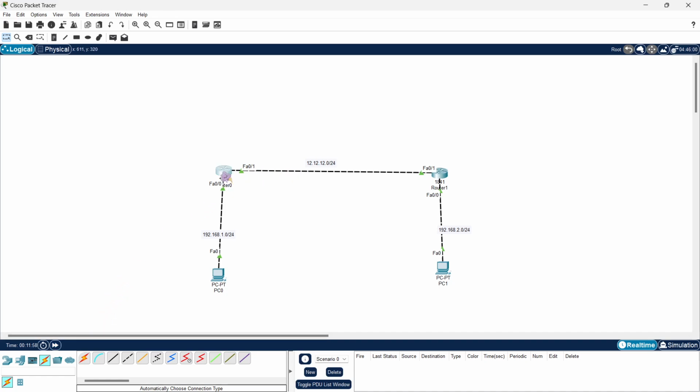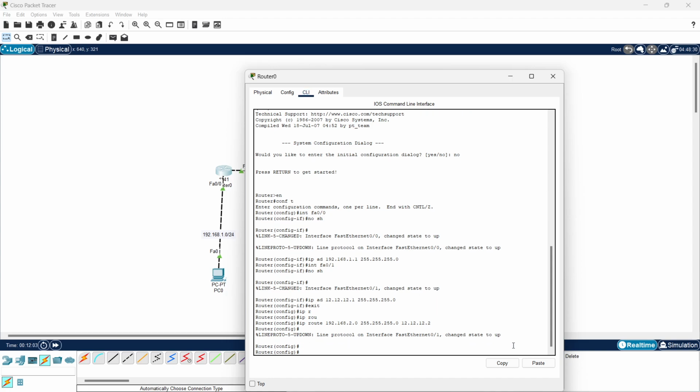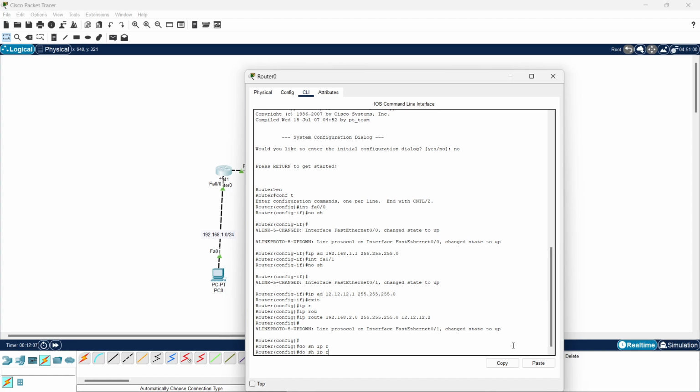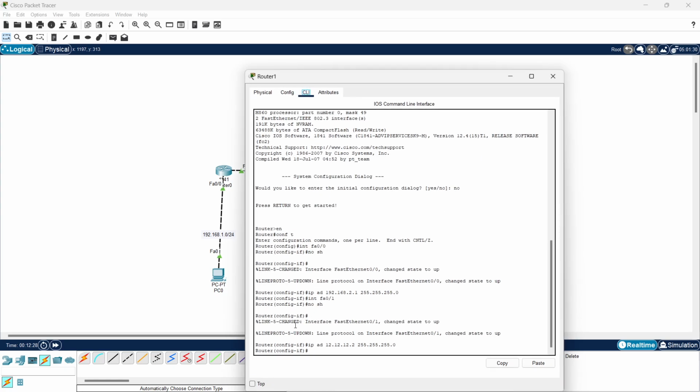So now we're going to check the routing table. You can type do show IP route. Okay, so yeah, it's successful. And now router 1, we check it too. Do show IP route.